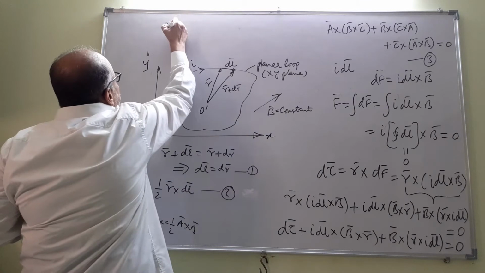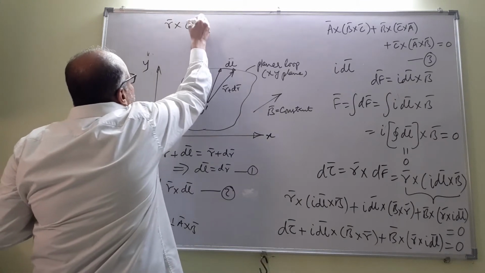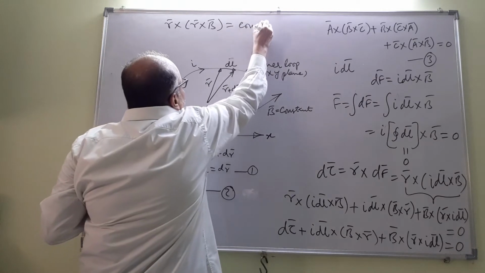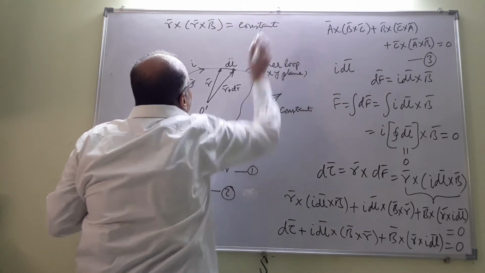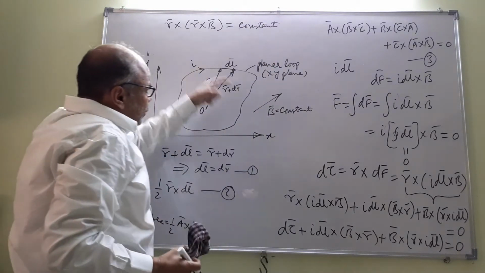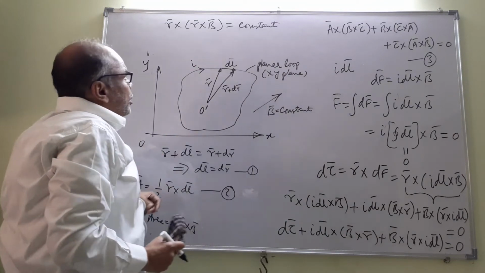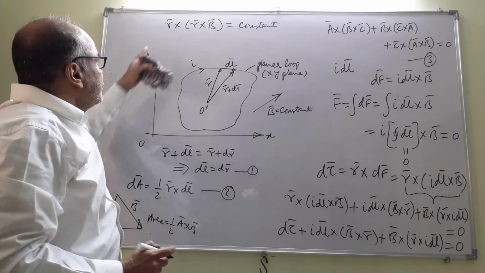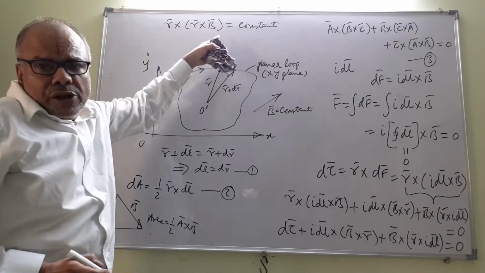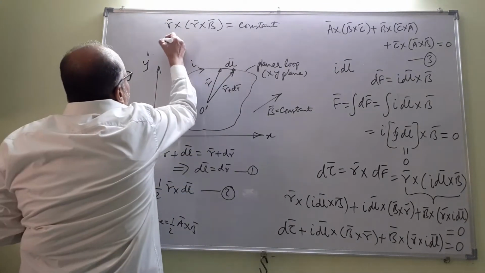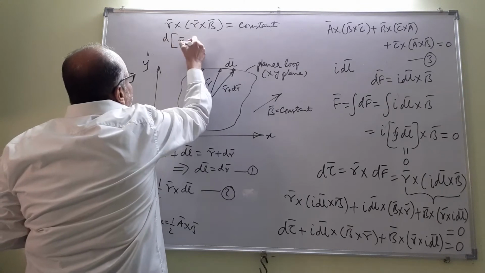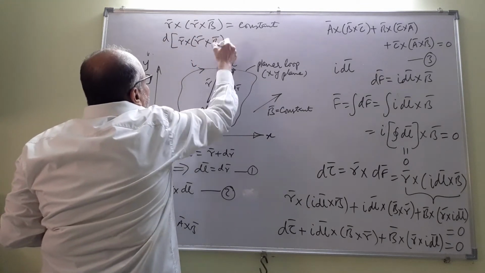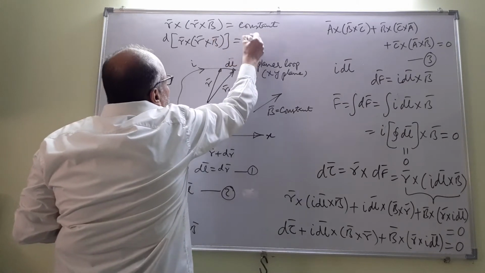So I can say that R cross B is a constant, because for a given R and for a given B, this cross product would be a constant. Now because this is a constant, the differential of this must be equal to 0. So I will find the differential of this, and the differential would be 0.